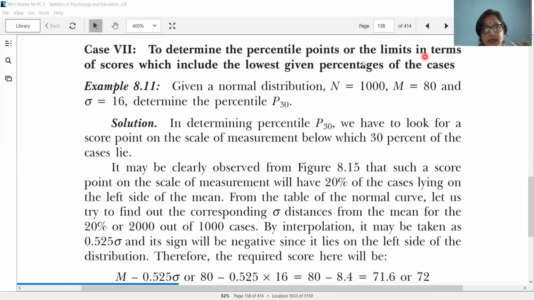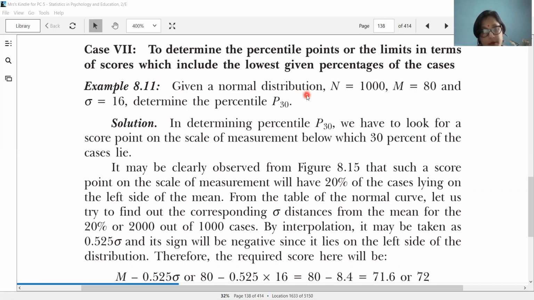The limits in terms of scores, it means the upper limit or lower limit of scores which cuts the lowest given percentage of cases. There is one problem given here, and I will go according to this problem.